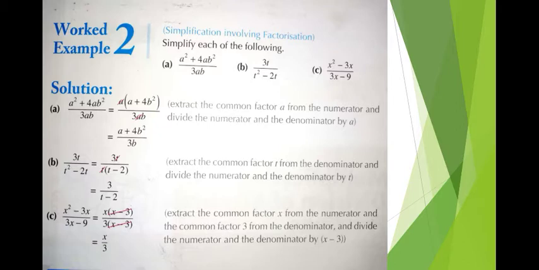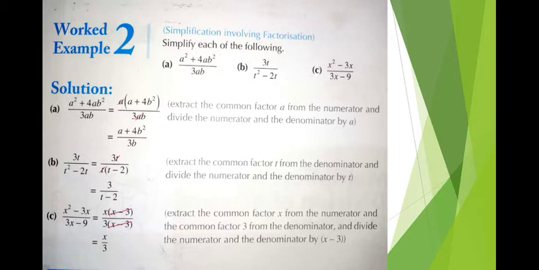Now, next one, worked example 2. Simplify the following: a squared plus 4ab squared over 3ab. Now, this one you cannot just cancel out things in the numerator with the denominator like that.